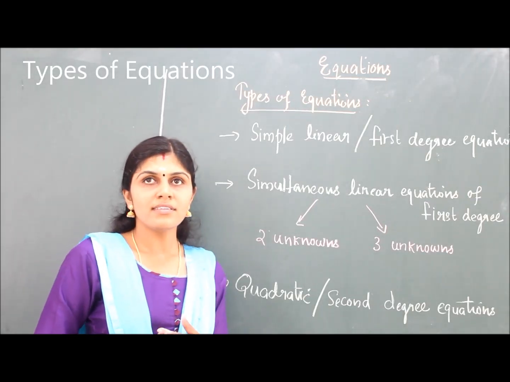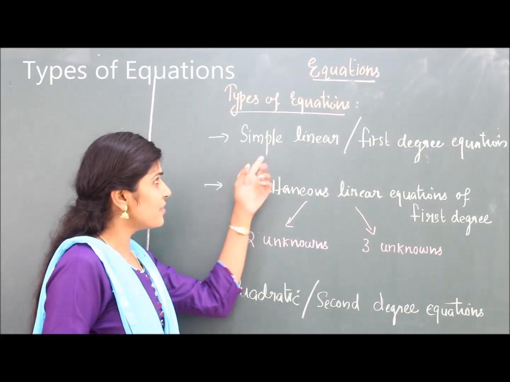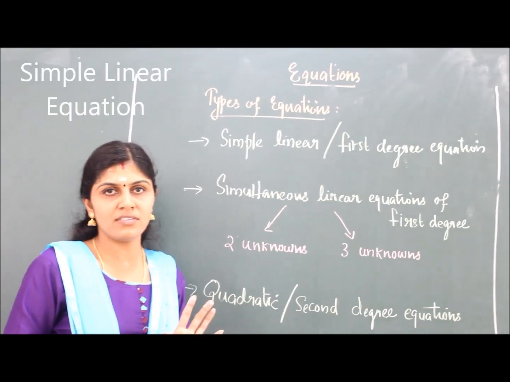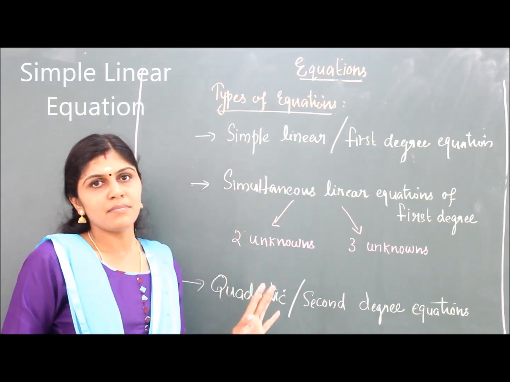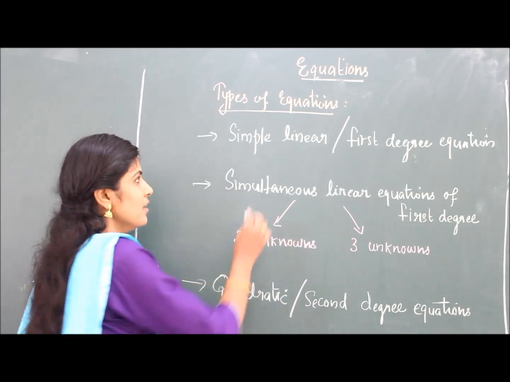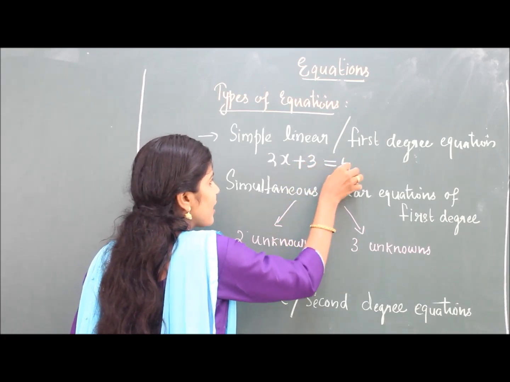Next we are going to discuss the different types of equations. The first type is simple linear or first degree equations. This is nothing but a simple equation in one unknown. For example, consider 2x plus 3 is equal to 5.